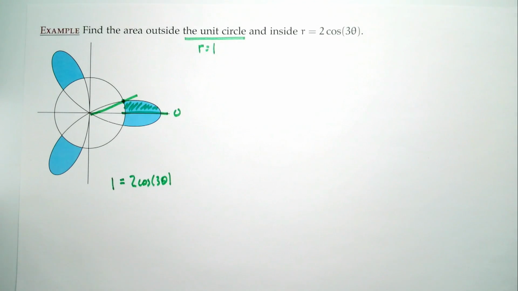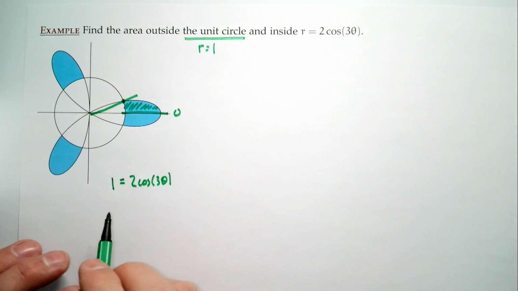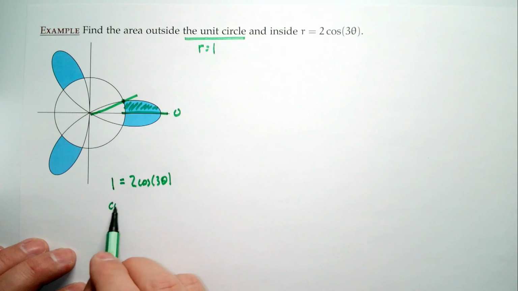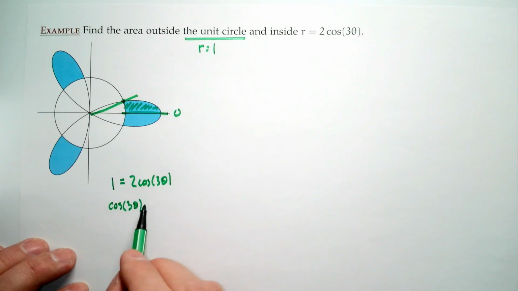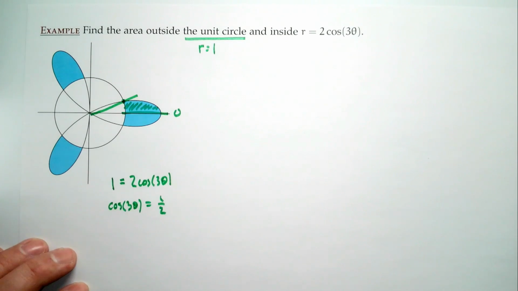So when does 1 equal 2 cosine of 3 theta? Well, that's the same as saying that cosine of 3 theta is equal to a half. And now we ask ourselves the question, when does cosine equal a half? Don't worry about the 3 theta, just the question, when does cosine equal a half?